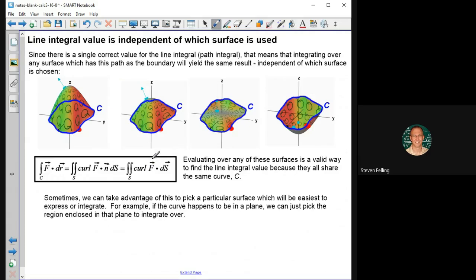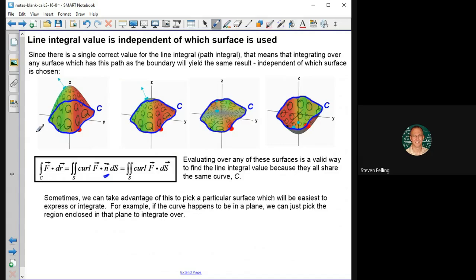Now that seems kind of counterintuitive because if you stretch and squash this thing, you're going through different parts of the field. But along with that, the n vector is changing, right? And so the components are always going to stay the same in such a way that when you sum them up over any surface that's enclosed, you'll get the same thing as doing a 1D integral around the curve, right?